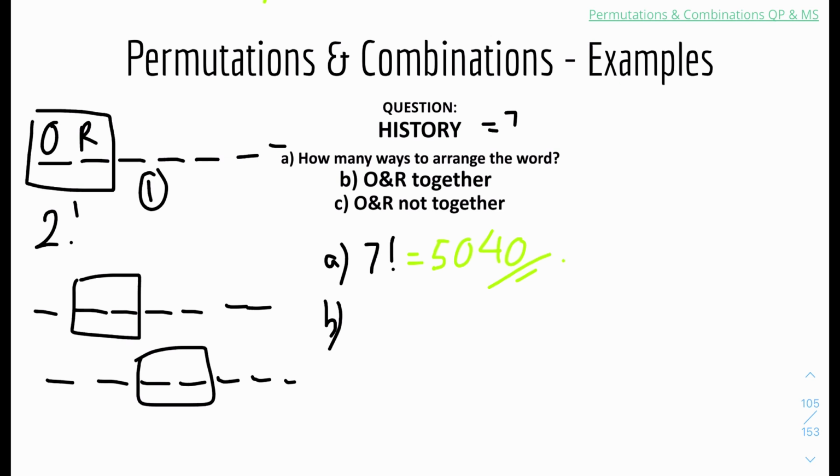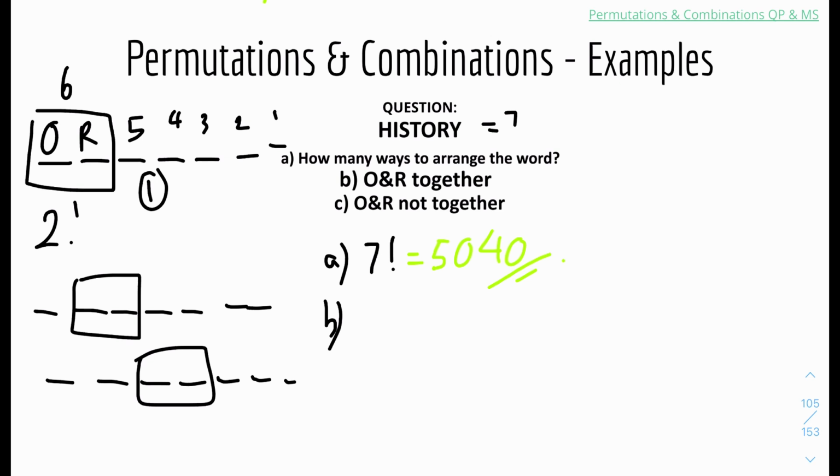So just count how many blocks there are left. It'll be 1, 2, 3, 4, 5, and OR together combine to form a big block. So it'll be the 6th block because you can't separate O and R. And remember from the basic counting principle, to arrange 6 people or 6 blocks on a line, you do 6 factorial.